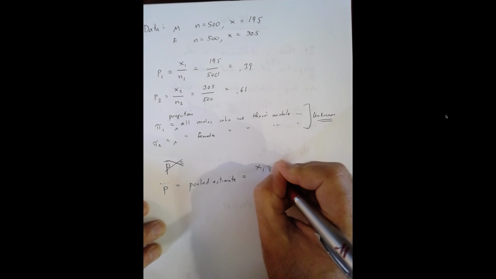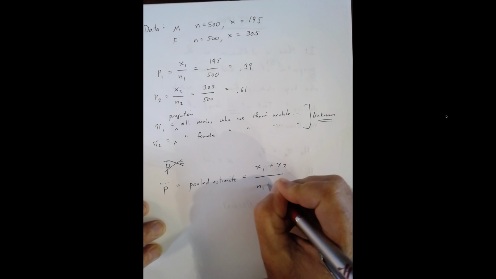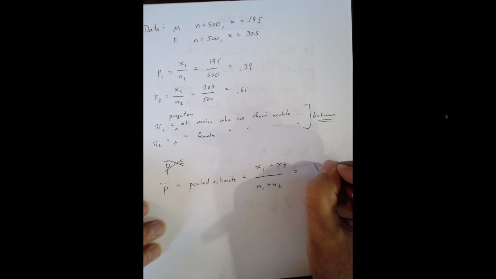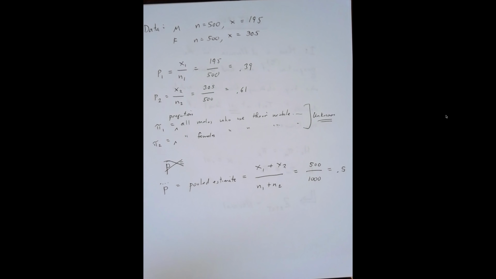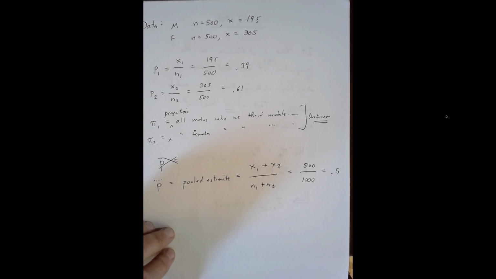It's just x1 plus x2 over n1 plus n2. So in this case, it would be 195 plus 305, which is 500 out of 1,000, which is just 0.5. So that's something we're going to need. I think that's about it. I can't think of anything else we need.